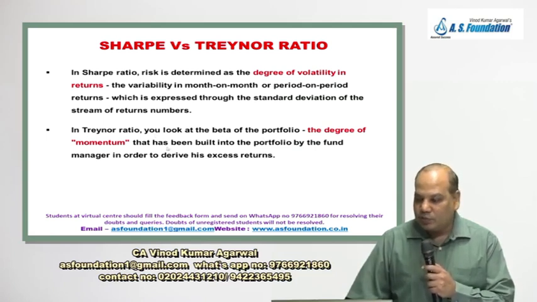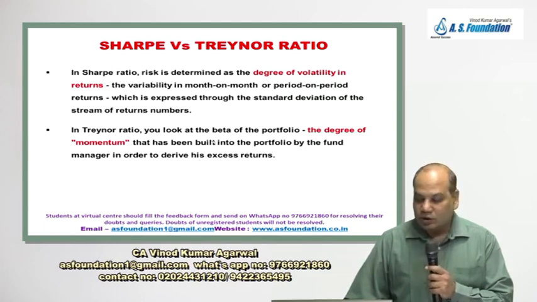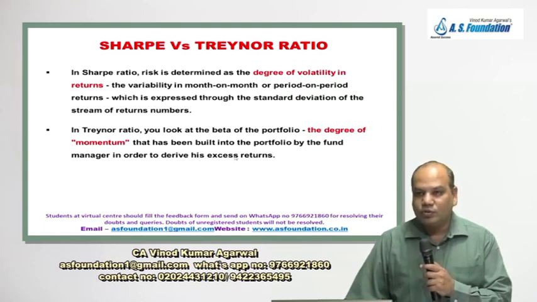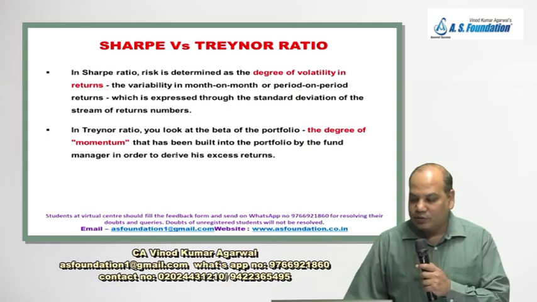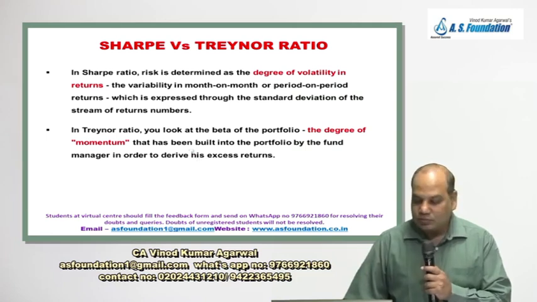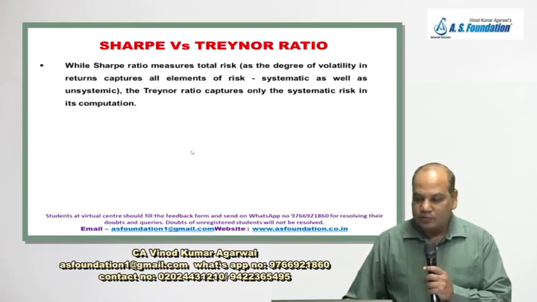That is the degree of momentum that has been built into the portfolio by the fund manager in order to derive his excess return. How the stock moves in relation to market, or how the portfolio moves in relation to market, that is measured by beta. So as a result of the two, the answers can be different.